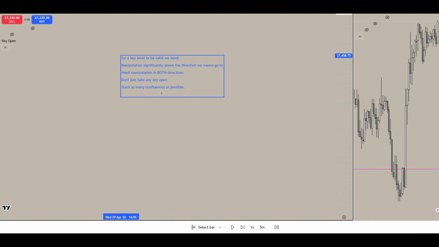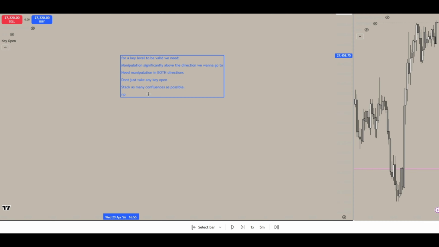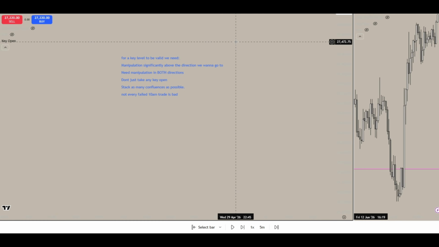The last thing that's important to mention for me is that not every failed 10 AM trade is bad. As I said, this is a high RR strategy. If you hit 30%, technically even 20% of your trades with a 1 to 6, you're still profitable.